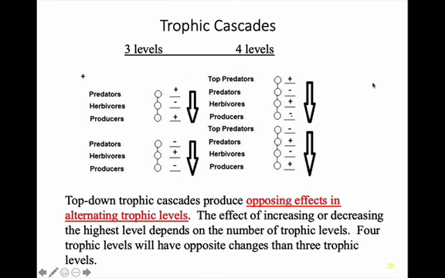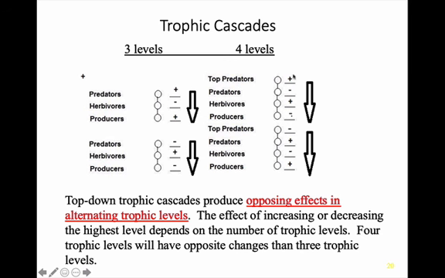So basically, we can tell whether we've got a top-down or a bottom-up trophic cascade by looking at what happens if we increase or decrease the top trophic level. If we increase the top trophic level and we get alternating effects at lower levels, we've got a top-down cascade.